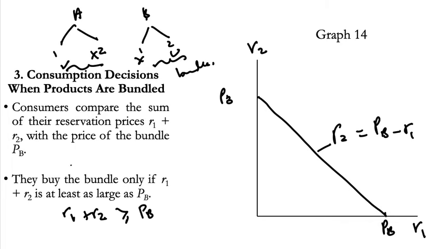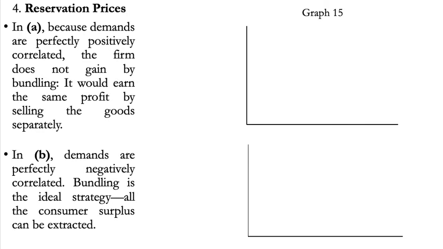Okay, now, so here what we can see is that it has to be negatively correlated between the two reservation prices, and as long as R1 plus R2 is greater or equal to PB, then bundle can happen. Now, another thing that we need to look at here is that, let's say this one is A, this one is B.